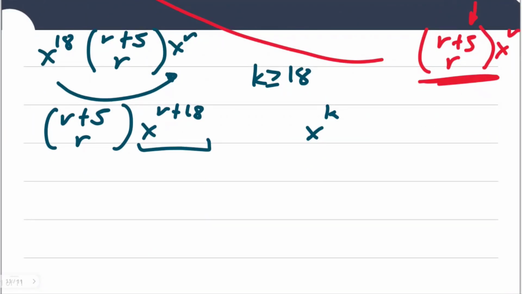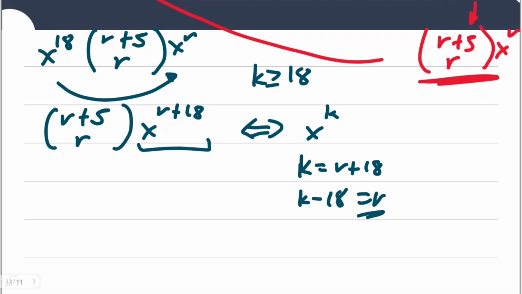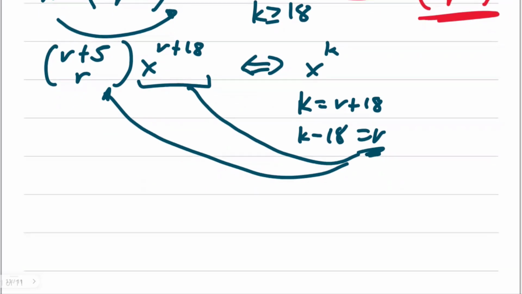So by comparing these two, if k is equal to r plus 18, then we have k minus 18 for our r. This is the generalized form for our r, which can be substituted here. When we substitute that, this is the next form.